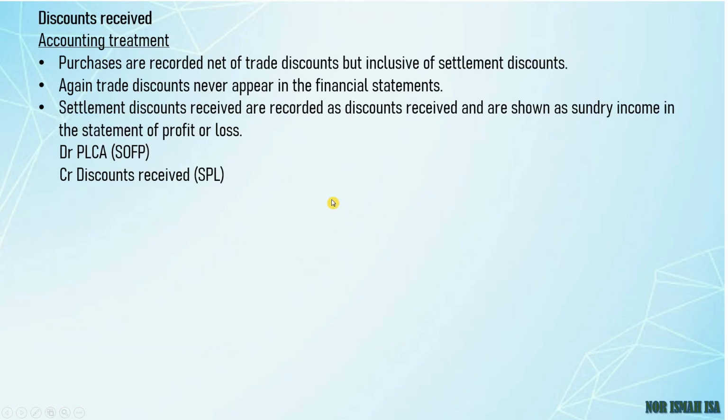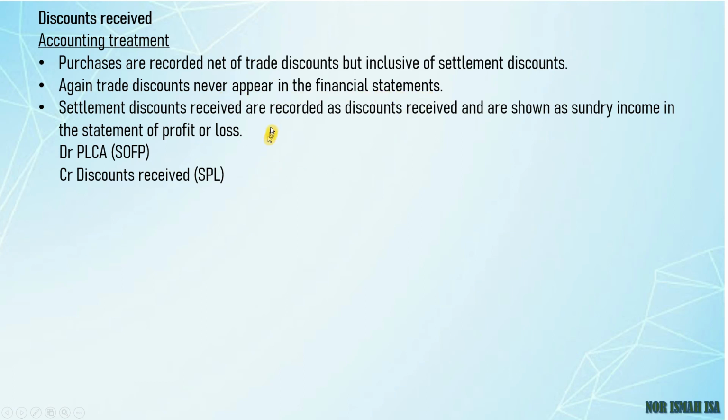So for the discount received, for accounting treatment, purchases are recorded net of trade discount but inclusive of settlement discount. This is different from the discount allowed. As for the trade discount, it's similar. It must be net after the trade discount, but when recording the amount, it should include the settlement discount. Again, trade discount never appears in the financial statement.